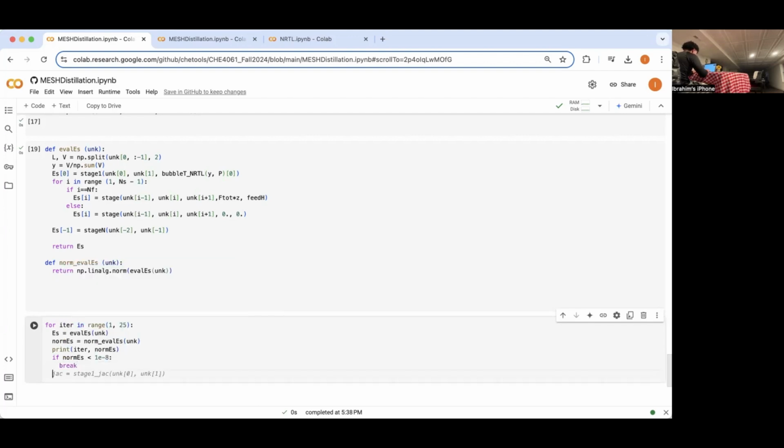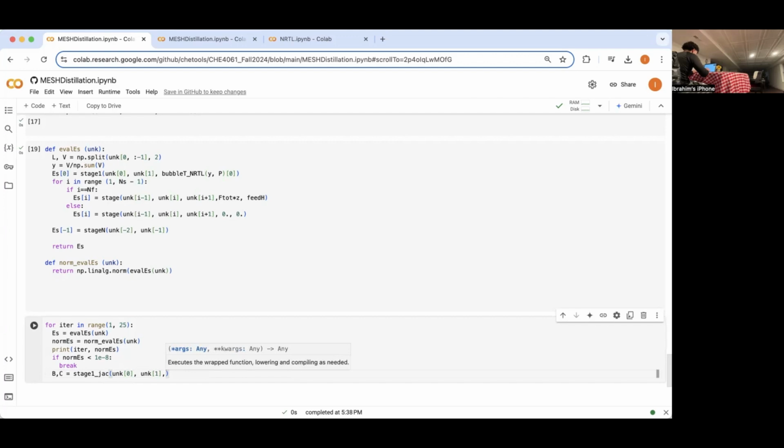So we're going to go ahead and start on our Jacobian function. So we're setting these as B and C essentially for our matrices. B and C are going to be equal to stage 1 for our Jacobian essentially. And then we're going to be looking at our unknown as a function of 0, and our unknown as a function of 1.